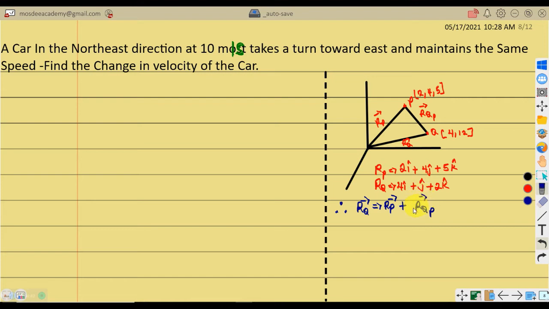I'm just using my triangular vector law, which I believe you understand. What I'm saying is this is being balanced by this. So RQ vector is RP. Look at their direction. This is going up. I think that will be better. This is coming down.